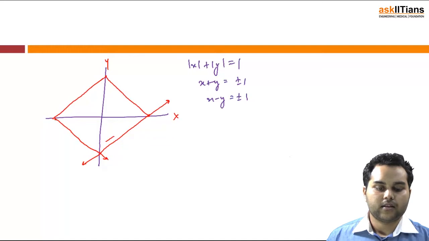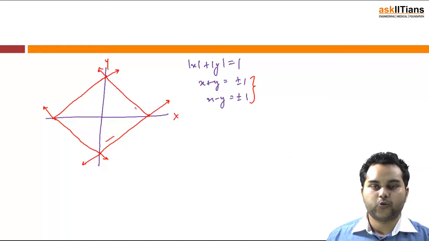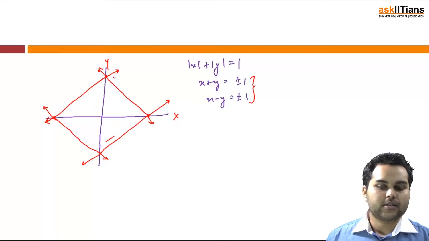So all these are the 4 lines depicted by these two equations, that is these 4 equations, that is x plus y is equal to plus 1 and x plus y equal to minus 1, x minus y is equal to plus 1 and x minus y is equal to minus 1. So these are the 4 equations, and these points corresponding to the intersection are (0, 1), (1, 0), (0, minus 1) and (minus 1, 0).